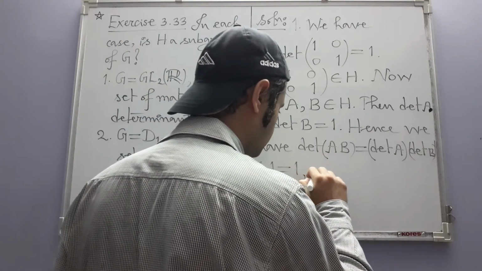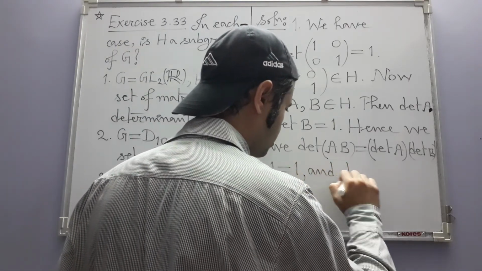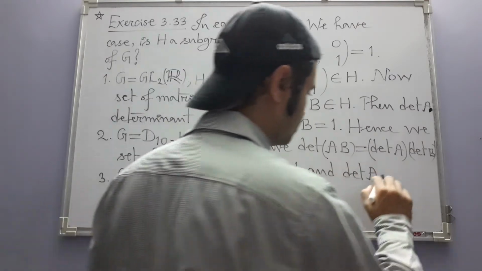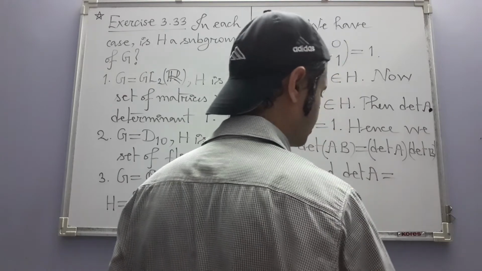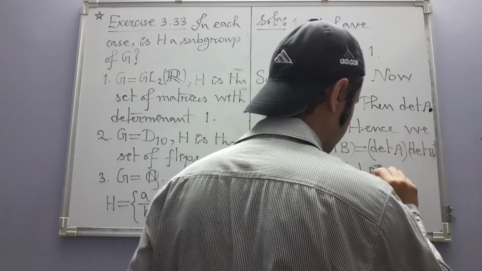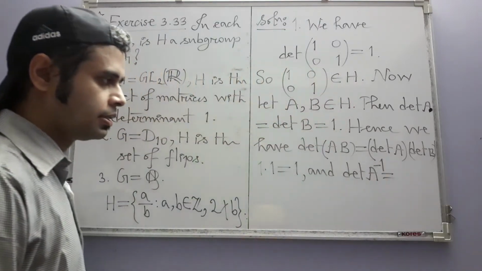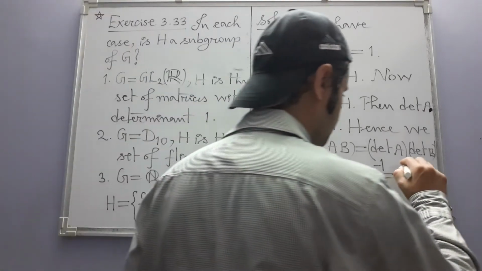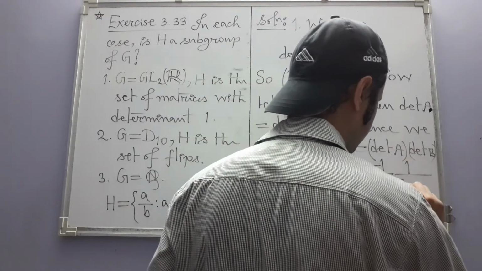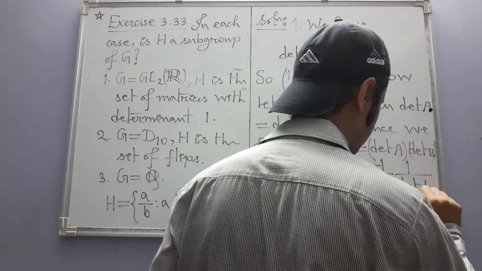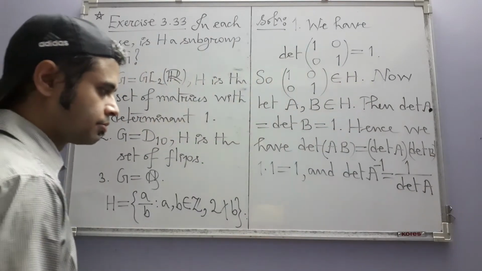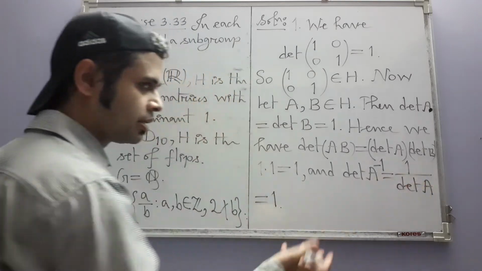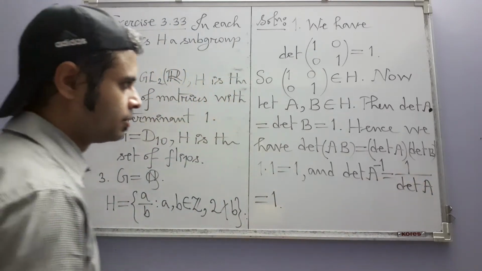And we also know, or in fact one can show this as well for non-singular matrices, that the determinant of the inverse of A is the ordinary reciprocal of the determinant of A. And in this case that is also equal to 1, because the denominator here is 1.